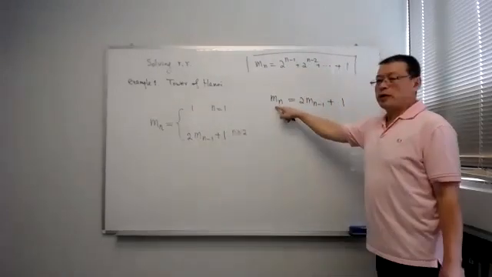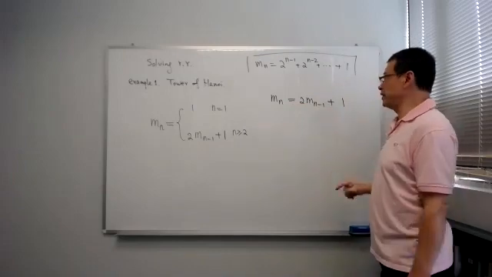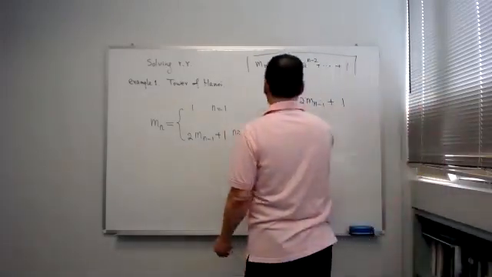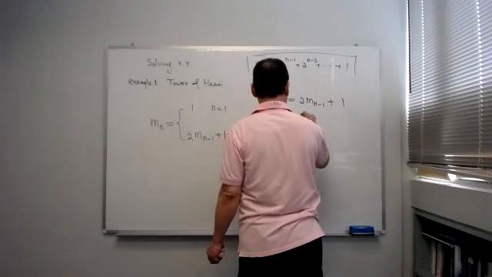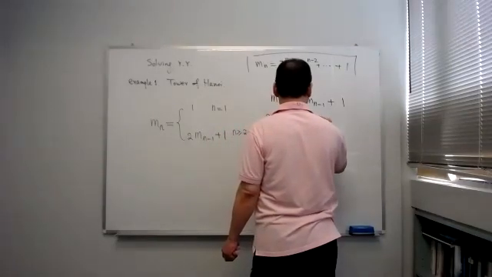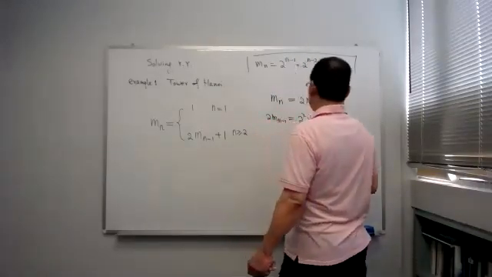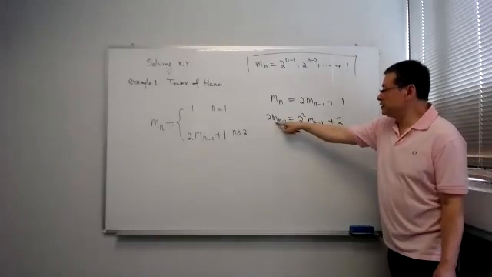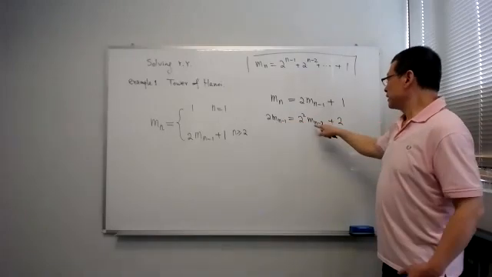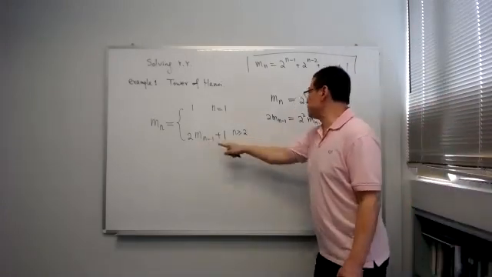All right, so that's the value we want to obtain. It can be expressed as this using the translation. Now for this term, we write it this way. Again, M(n minus 1) equals 2 M(n minus 2) plus 1. So you use the translation.